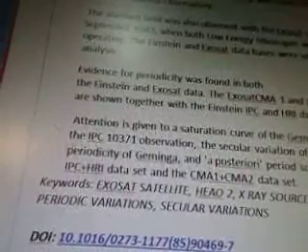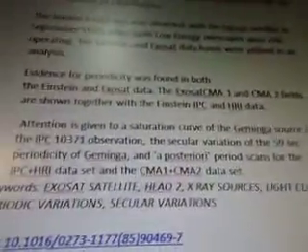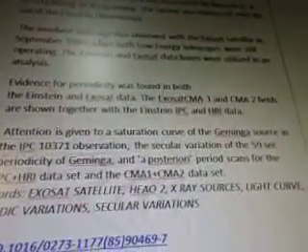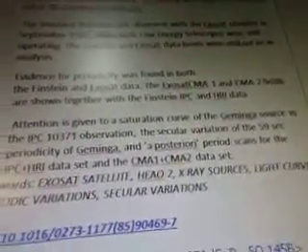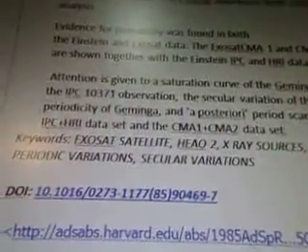The Einstein and EXOSAT databases were utilized in the analysis. Evidence for periodicity was found in both the Einstein and EXOSAT data. The EXOSAT CMA1 and CMA2 fields are shown together with the Einstein IPC and HRI data. Okay, so they're talking about a bunch of stuff. I don't know what they're talking about.